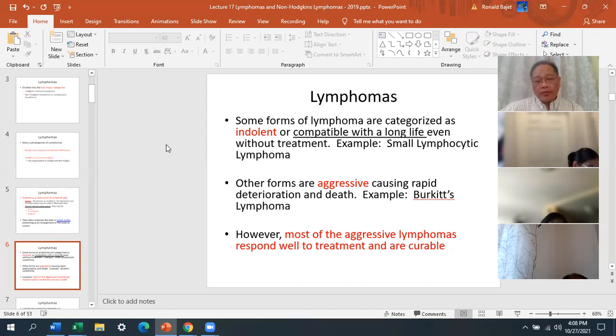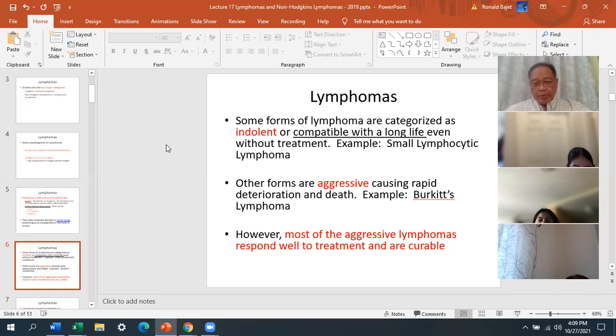And then other forms of lymphoma are actually aggressive. Now, it's the aggressive ones that are of significant concern because that causes rapid deterioration and death if you don't treat it. So a good example of that is Burkitt's lymphoma. Fortunately, the aggressive lymphomas like Burkitt's lymphoma, even though it's aggressive and causes rapid deterioration and death, if you catch it, then it responds well to treatment.